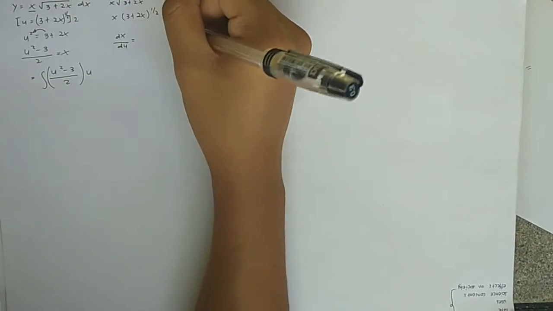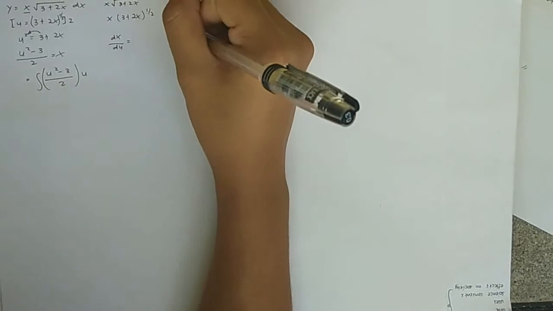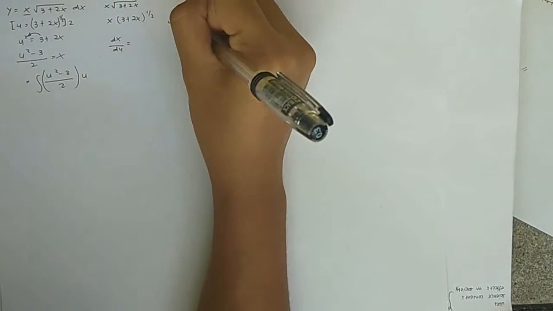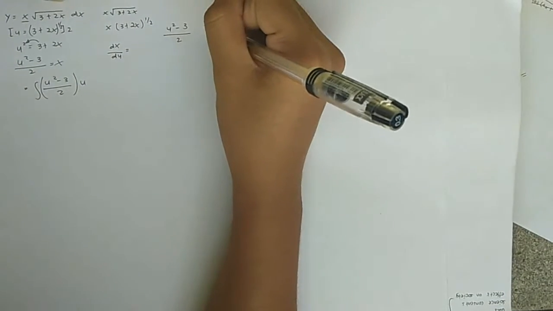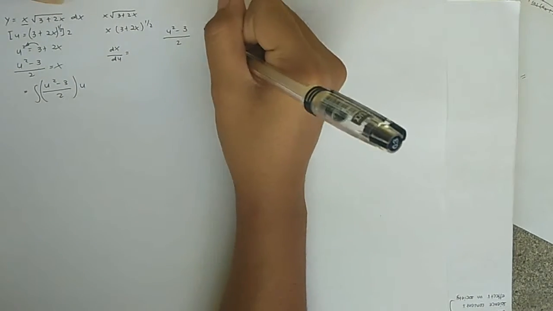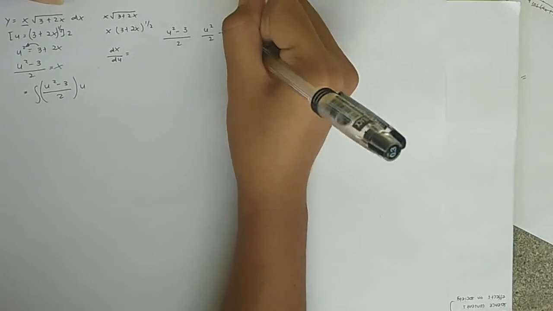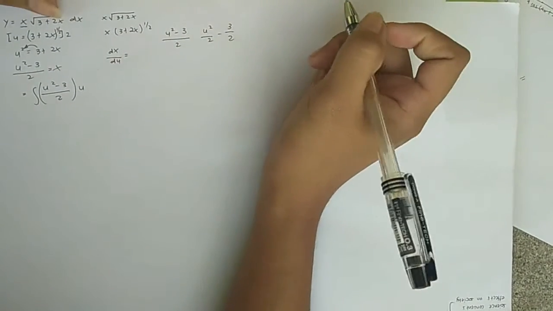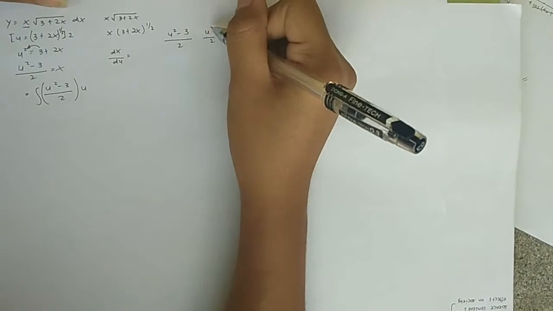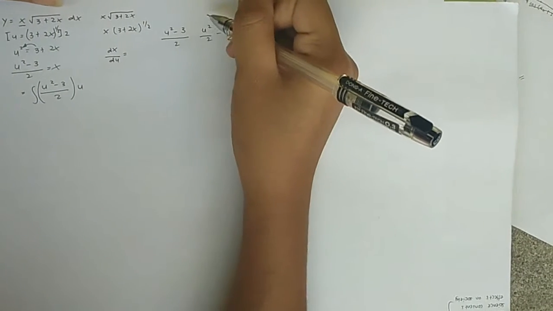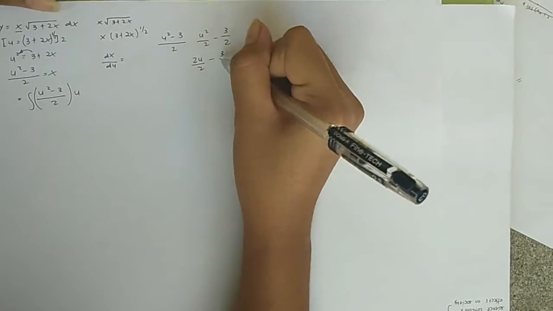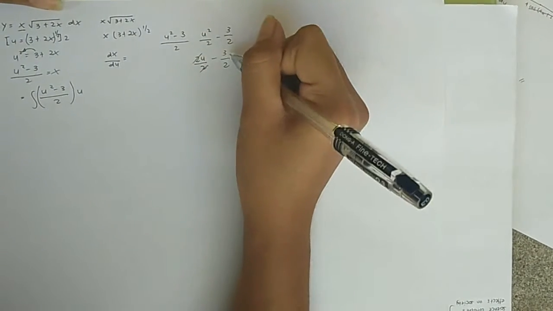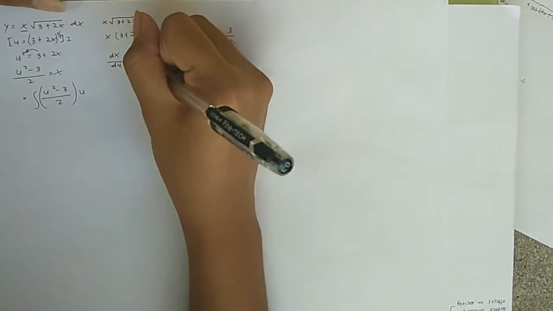But first, let's simplify it. We're going to separate them: u squared over 2 minus 3 over 2. We're going to use the general power rule here, so it's going to be 2u over 2, minus 3 over 2 cancel. We have the value of u.